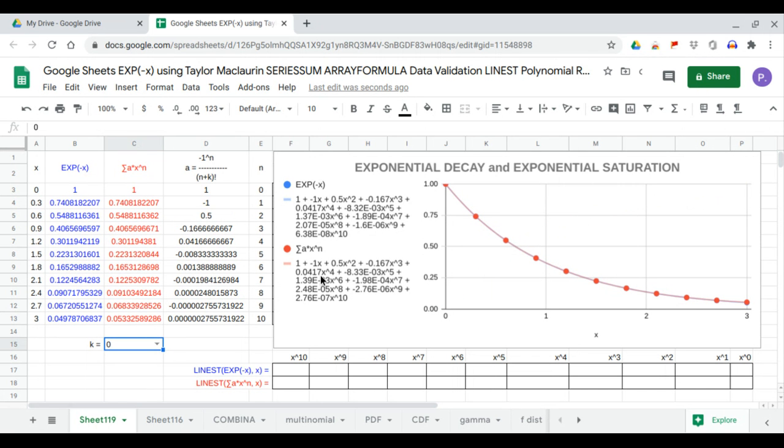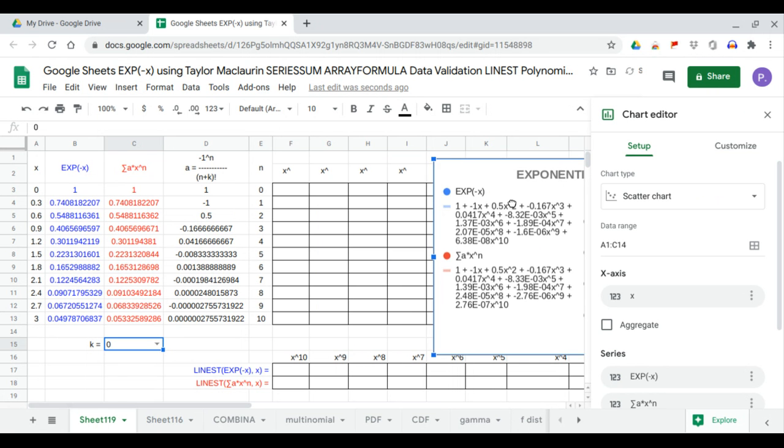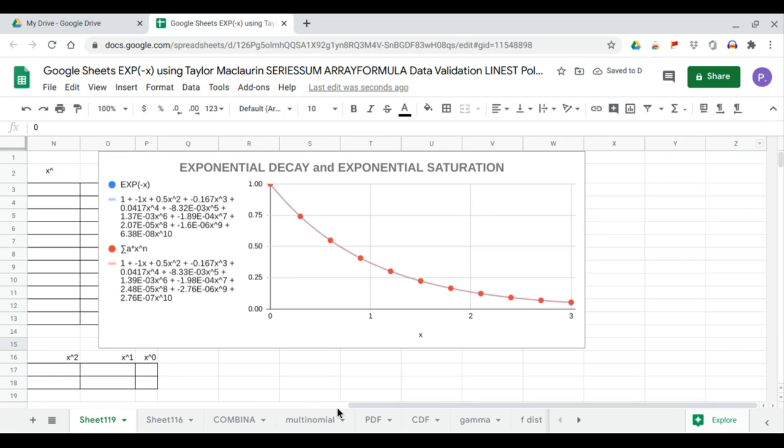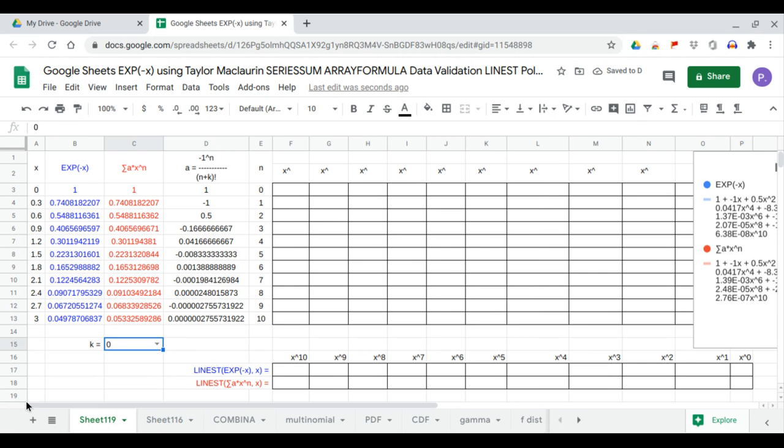Next, we calculate the regression coefficients using LINEST. To do that, we enter the 1, x matrix. So we have the 1, x matrix, where we start with the power.